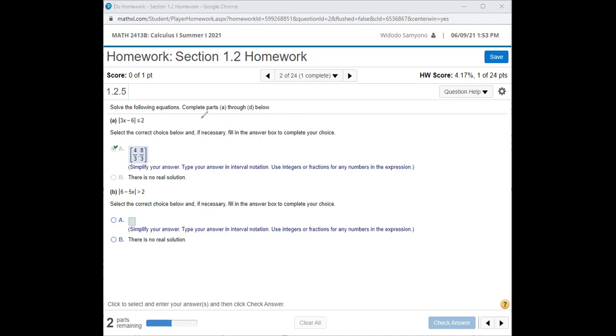Okay, so apparently I can write it over there. So you have negative 2, okay? And 3x minus 6 less than 2, right? And then add all of them with 6, right?